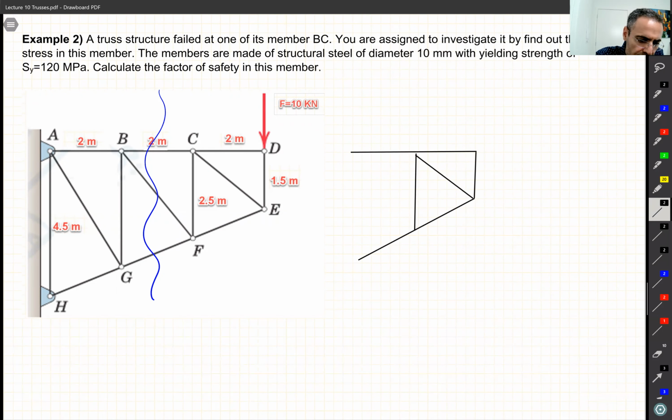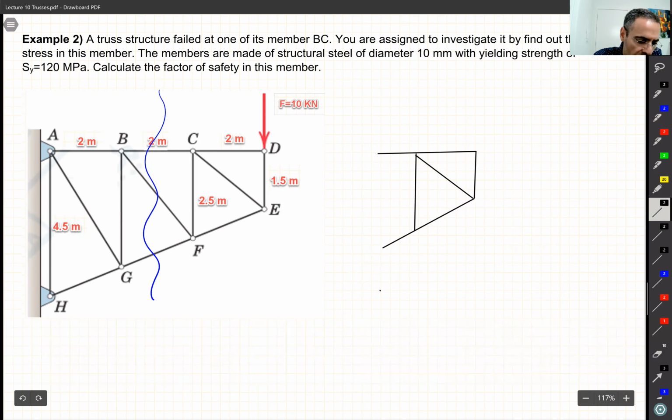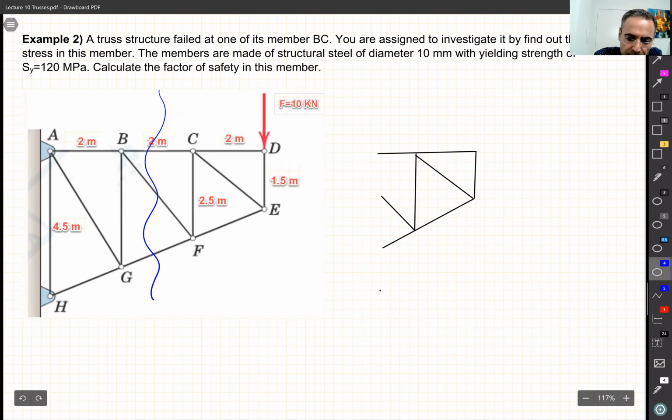Yep. This is shorter. This one also is shorter, right? Because we cut it, and also we have another member over there. This is what we have. Do you agree, guys? So this is joint, this one is joint, joint, joint.